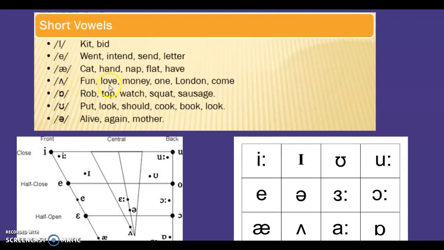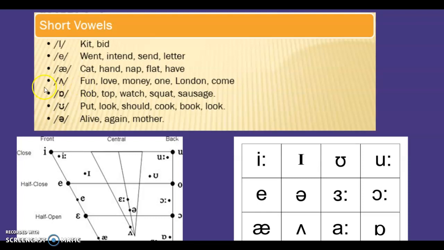Fun, love, money, one, London, come. Okay? Come, London, one, money, love, fun.